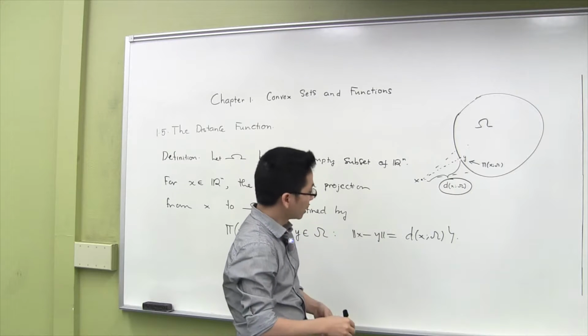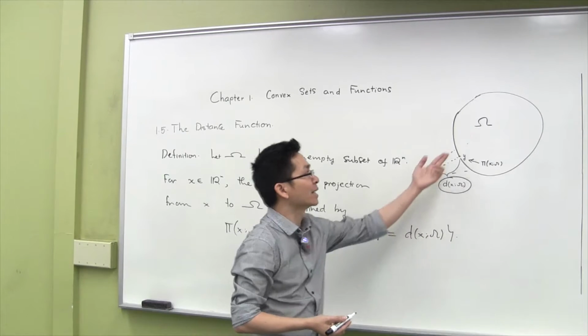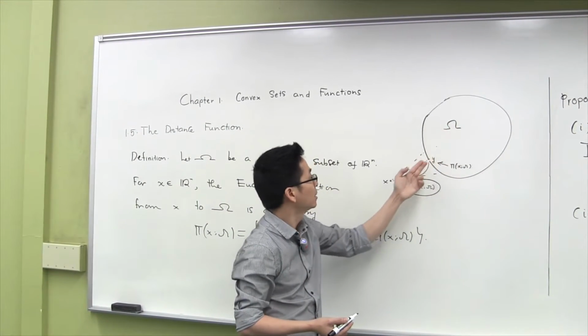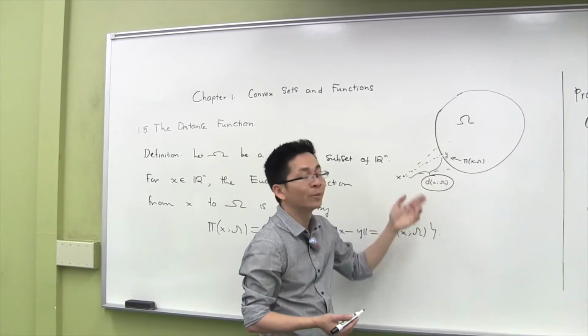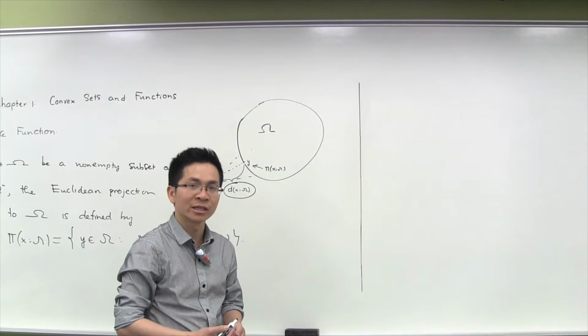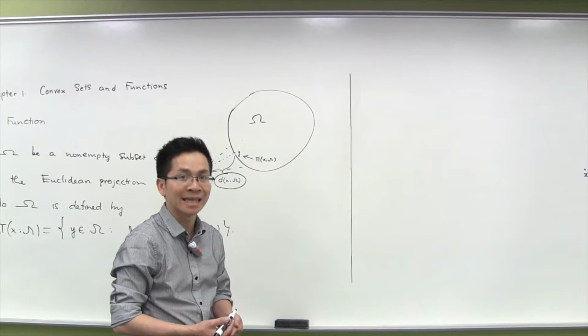Okay, so next I'm going to show that in the case where omega is a closed set, then the projection from x to omega is always non-empty. To understand better the distance function as well as the Euclidean projection, I'm going to give some examples.